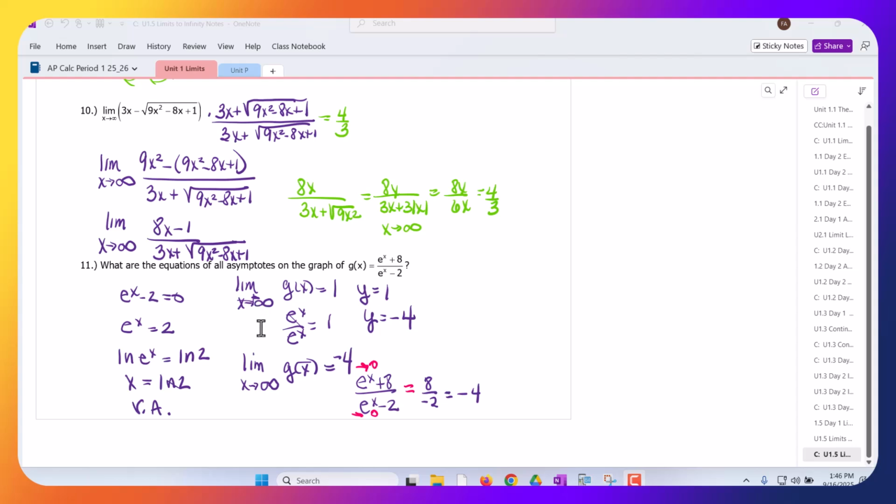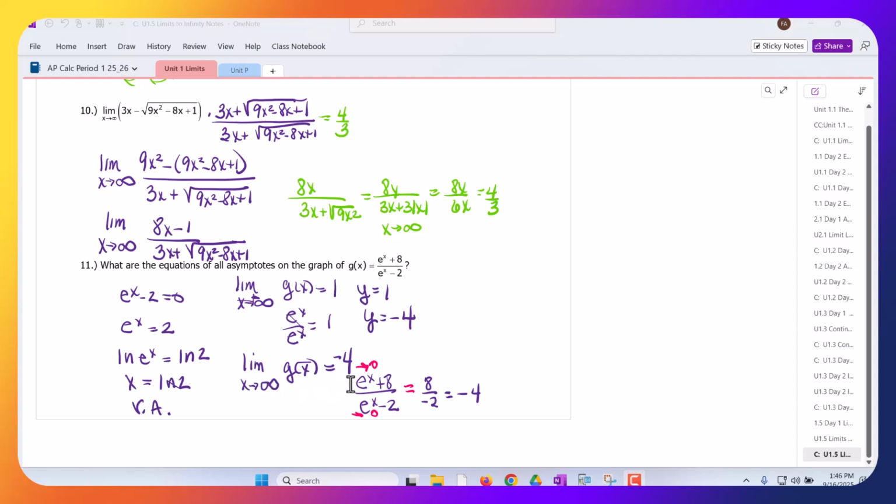Here I'm taking the limit as x approaches positive infinity of g of x. So we would be left with just an e to the x over the e to the x, which would be 1. Our end behavior model.